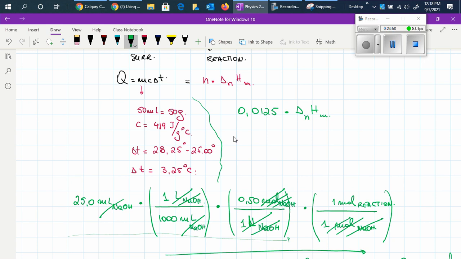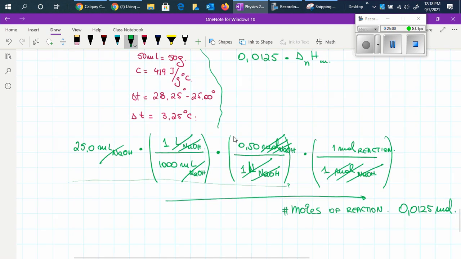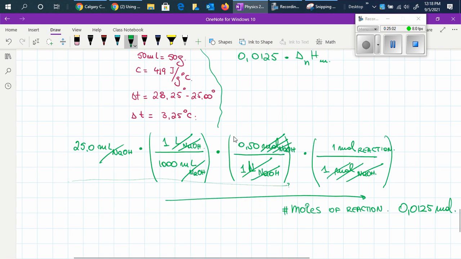So now that we have the two sides of the equation, we can go ahead and figure out the molar change of enthalpy of the reaction.